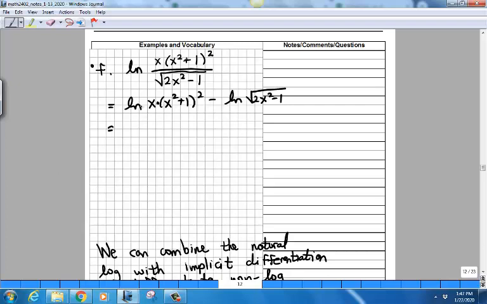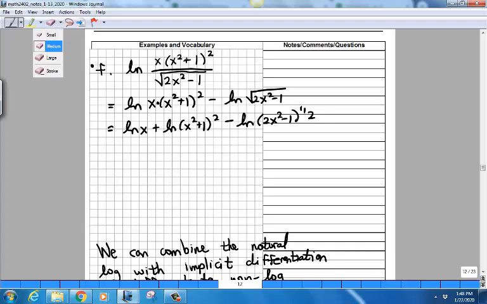So remember, you can break natural log of a product up as a sum of natural logs. So this would be natural log of x plus the natural log of x squared plus 1 squared minus, and while I'm at it, let's rewrite that square root as a 1/2 power. I didn't write that very well. That's supposed to be a 1/2 exponent up here, right?